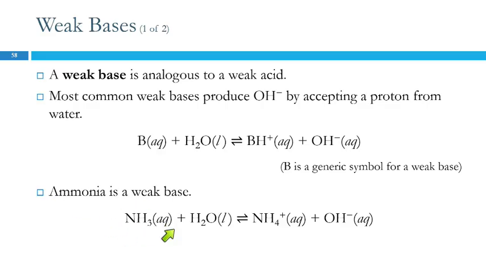Ammonia is NH3, and in water, it's going to accept a hydrogen ion from the water molecule to form ammonium ion and hydroxide. Okay, ammonium ion and ammonia are substances that you learned the names and formulas of in Chem 1A, and so I expect that you still remember that. Any questions yet?